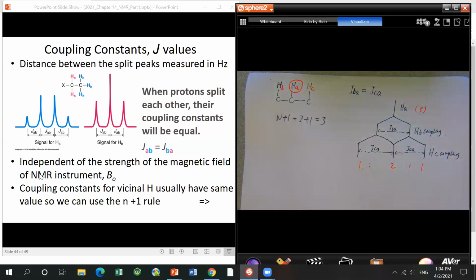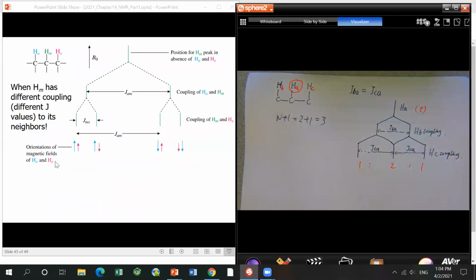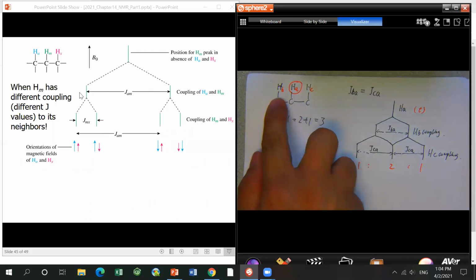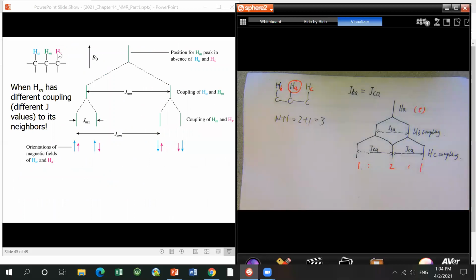But if the J coupling constants are different, the situation gets more complicated, and you cannot apply the n+1 rule. Here's one example, similar to HA, HB, HC. Here we look at HM, the middle hydrogen. This middle hydrogen has two neighboring hydrogens, HA and HX.